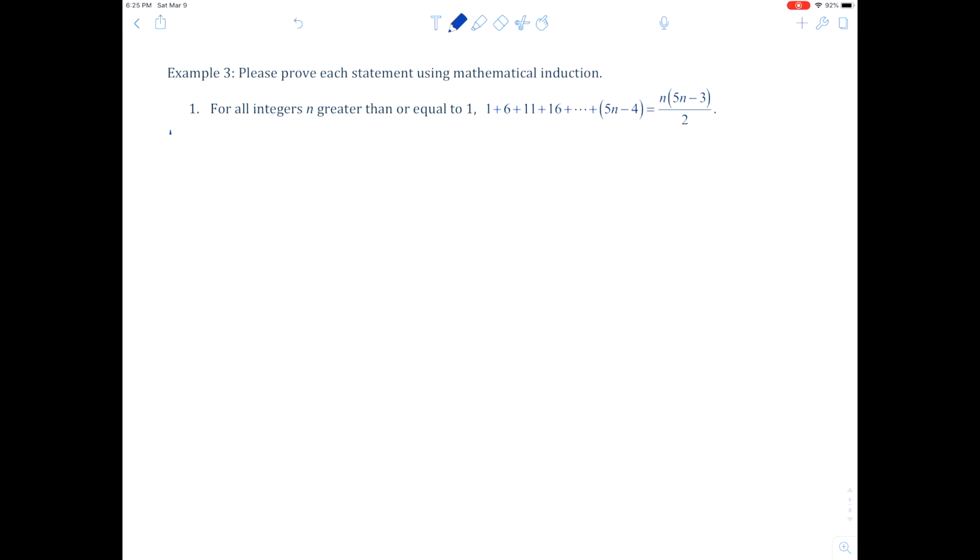So what do we start with? We start with our let n belong to the positive integers because it's greater than or equal to 1.